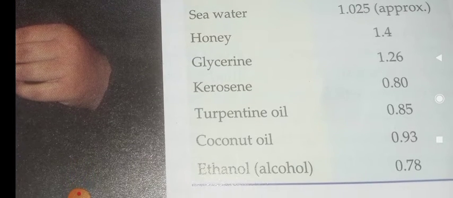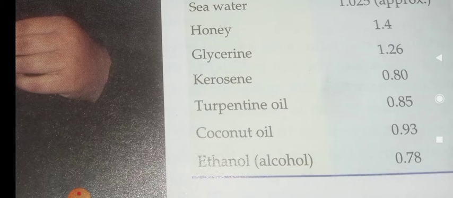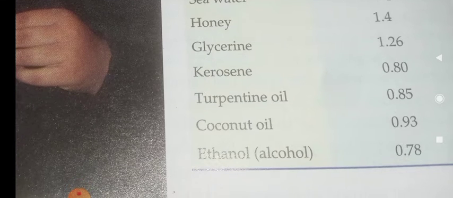Honey has 1.4 gram per cc. Glycerin 1.26 gram per cc. Kerosene 0.80 gram per cc. Turpentine oil 0.85 gram per cc. Coconut oil 0.95 gram per cc. Finally ethanol, that is alcohol, has 0.75 gram per cc.